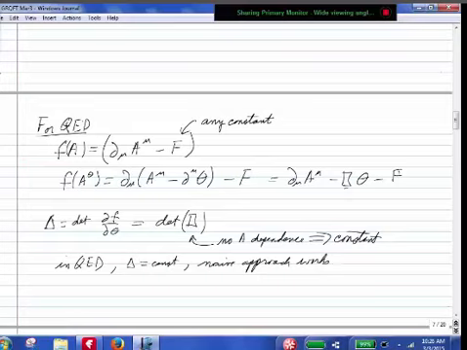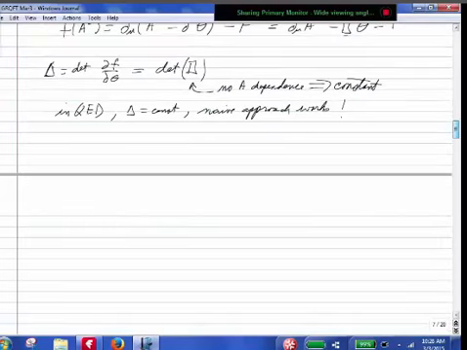In this case, it's even less scary because there's no A dependence. So it's just a constant.